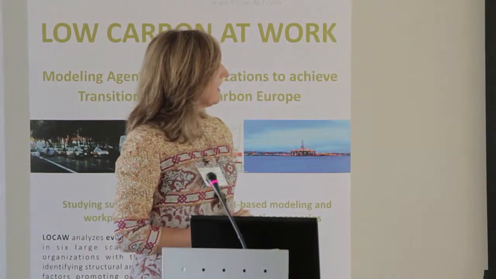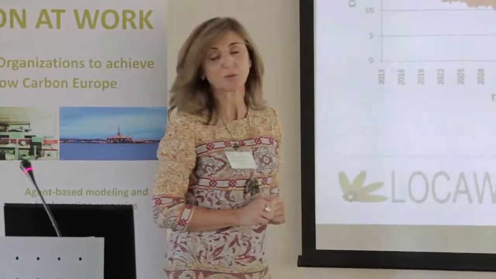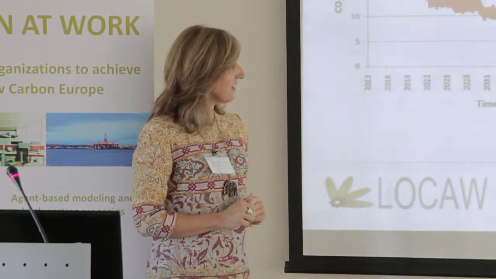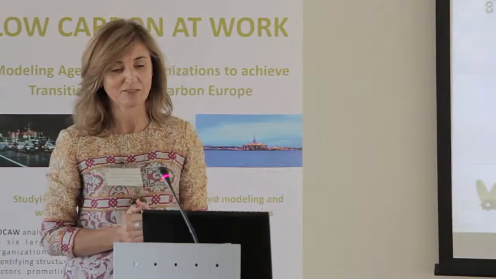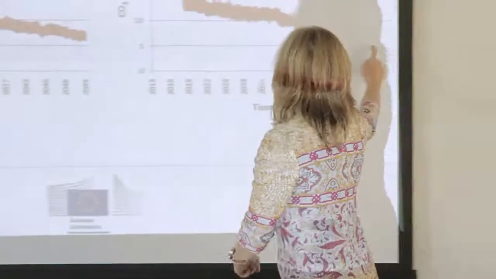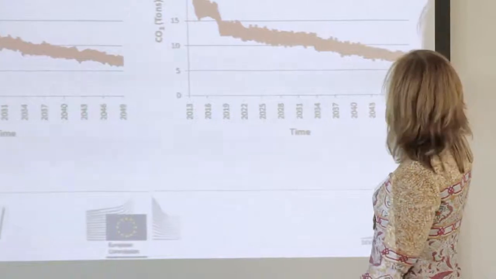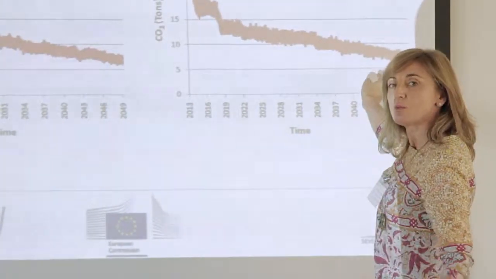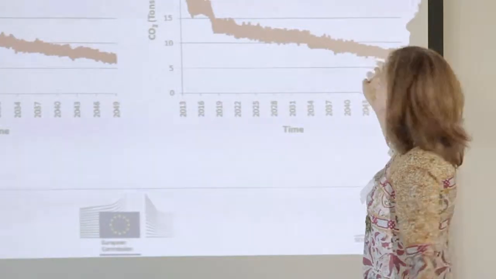And here we show the total carbon emissions corresponding to both percentages. There are a couple of things that are, I think, of interest in these graphs. The first one is that we can obtain total carbon emissions in 2050, interesting, of around 8 tons, which in the previous slide were around 20.